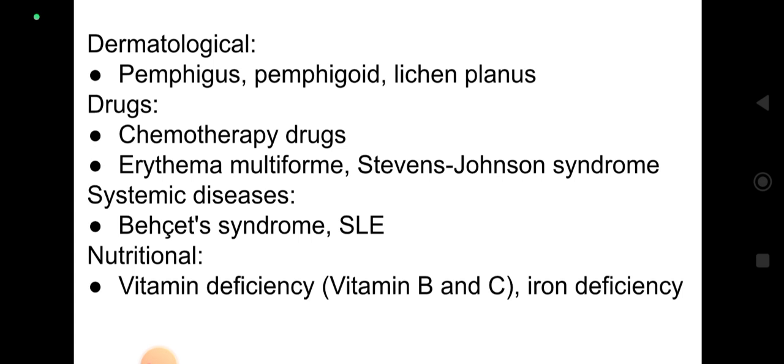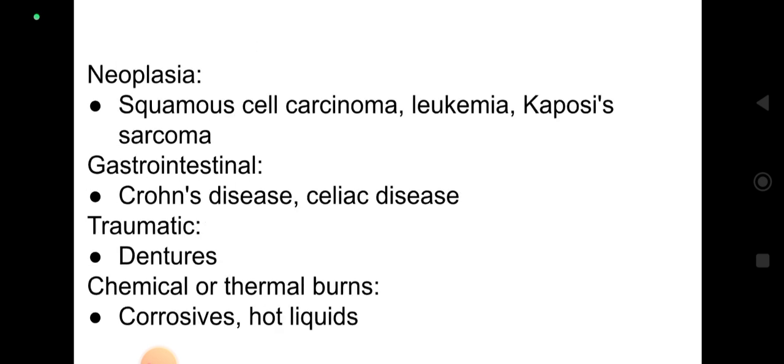Drugs used in the therapy of chemotherapy, erythema multiforme, Stevens-Johnson syndrome, systemic diseases like Behçet syndrome, SLE, systemic lupus erythematosus, and nutritional deficiency like deficiency of vitamin B and C and iron deficiency.